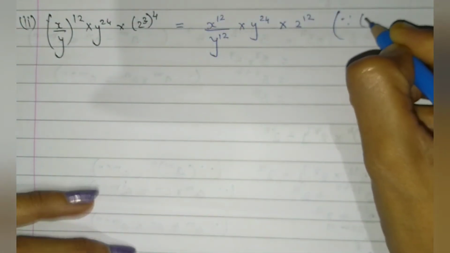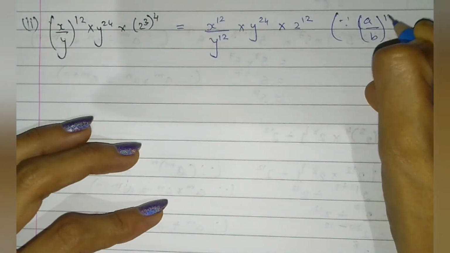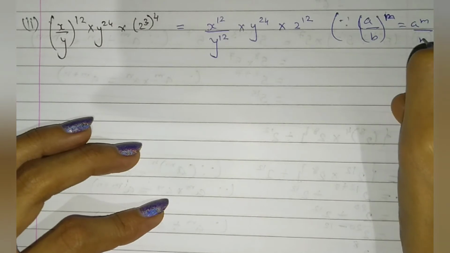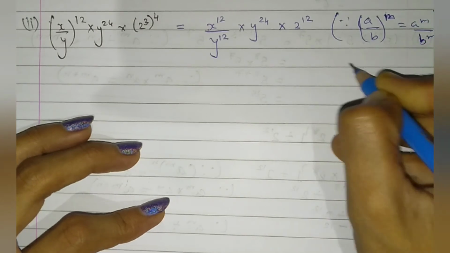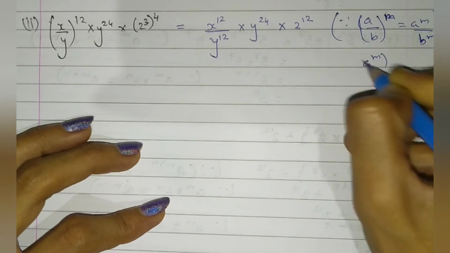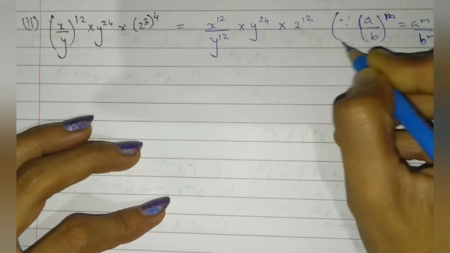So first of all, I am writing this one: a upon b whole raised to m equal to a raised to m upon b raised to m. And another thing, a raised to m whole raised to n equal to a raised to m into n.